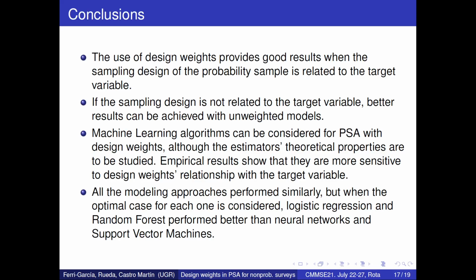The empirical results that we have seen here show that they are most sensitive to the design weights' relationship with the target variable. When we compare all of the modeling approaches, they perform similarly. But when the optimal case for each one is considered, that is, the configuration of weights that performs the best for each algorithm, logistic regression and random forest perform better than neural networks and support vector machines.